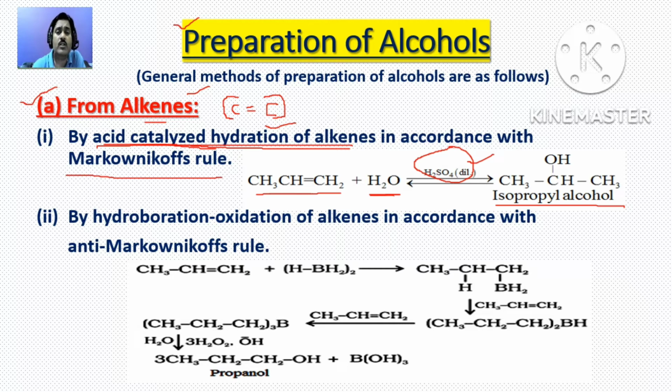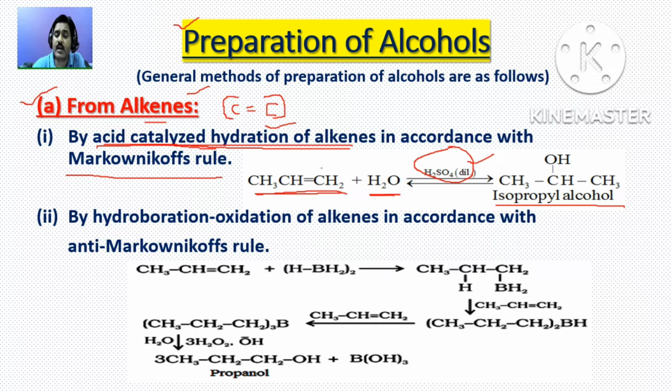What is Markovnikov's rule? Markovnikov's rule is the rule in which the atom or group of atoms coming from the other compound will be added to that carbon atom which has a lesser number of hydrogens, and that carbon atom must be attached by the double bond with the other carbon atom. For example, let's see the compound propene.